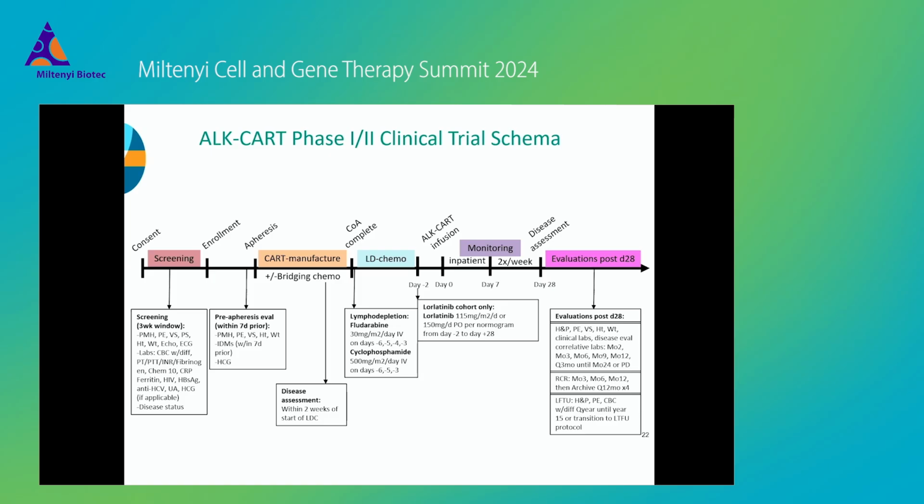And so we will manufacture the CAR T. We will have bridging chemo, of course. We will then do a lymphodepletion regimen as usual. We will start, when we reach that point, hopefully, to combine with lorlatinib. We will pre-treat the patient with lorlatinib, because it takes a couple of days to upregulate ALK on the surface of the CAR T cells.